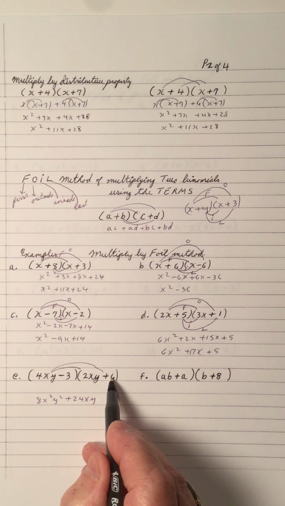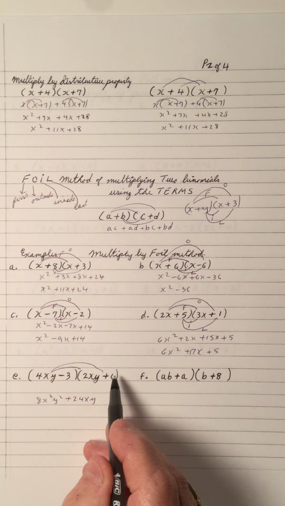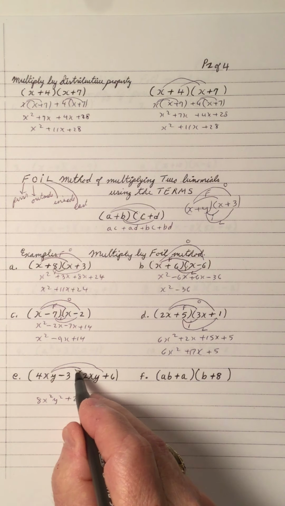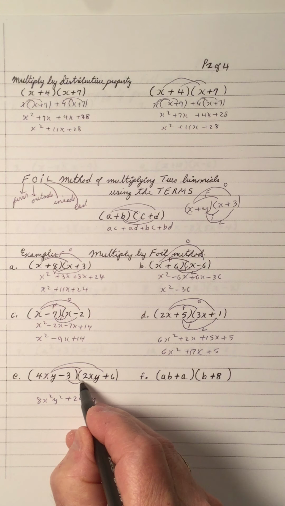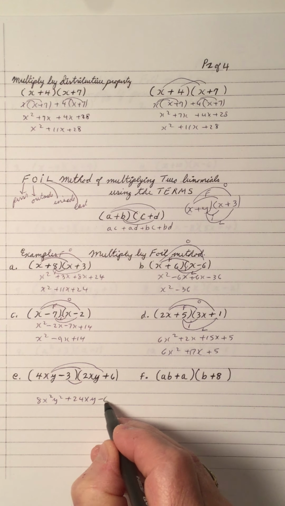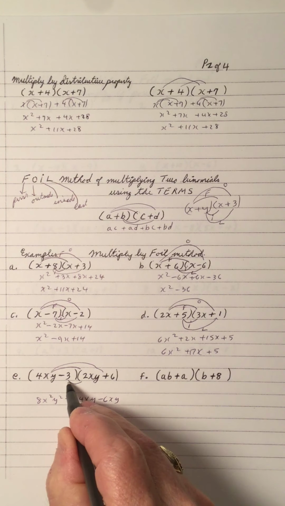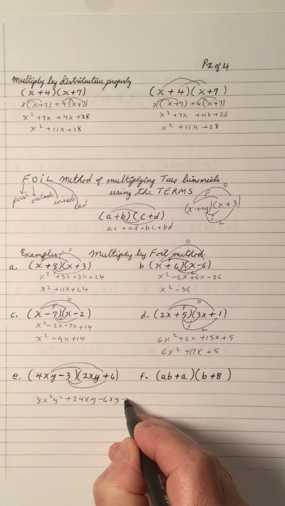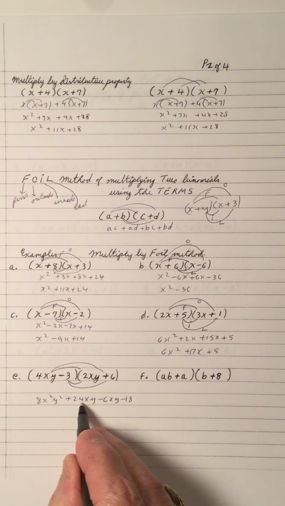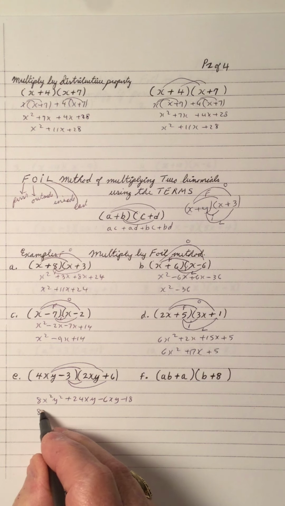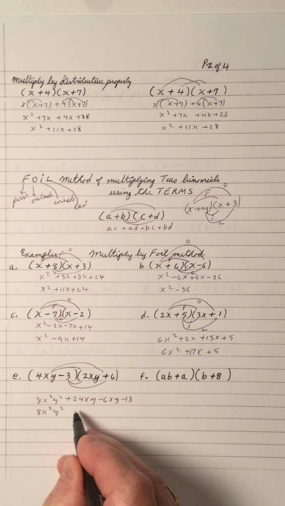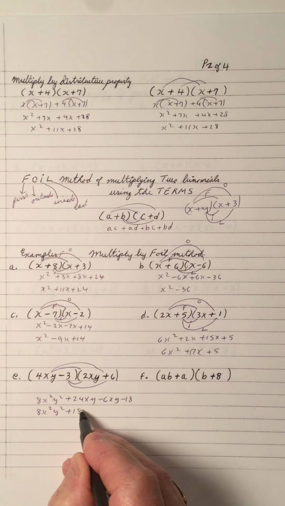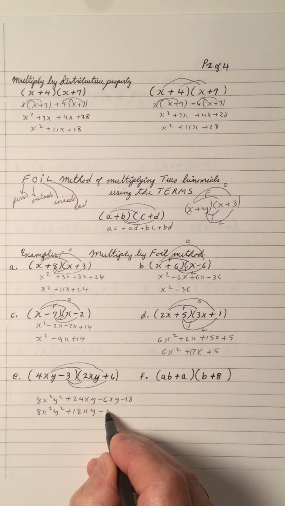That times that is 24xy. Now we're doing first, outside, inside: negative 6xy. And last is negative 18. And these are two like terms, so we'll get 8x squared y squared plus 18xy minus 18.